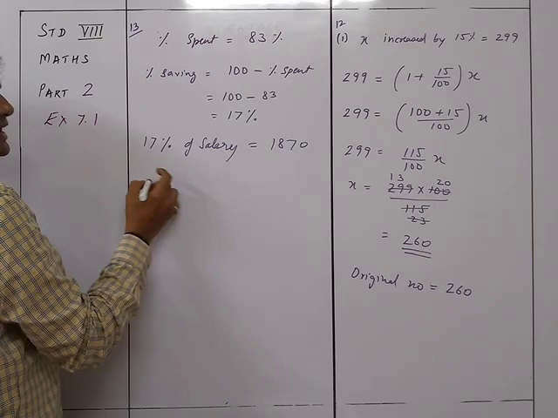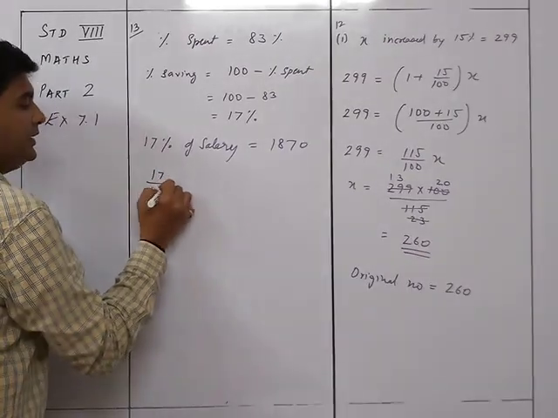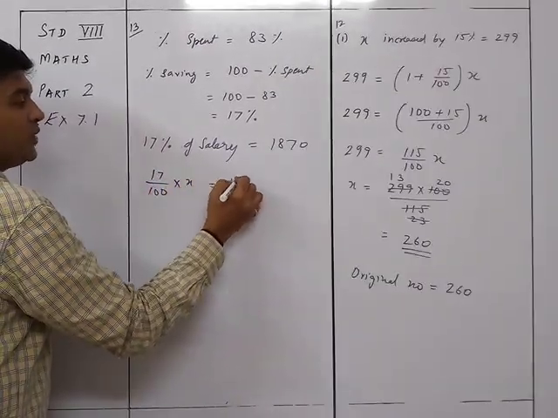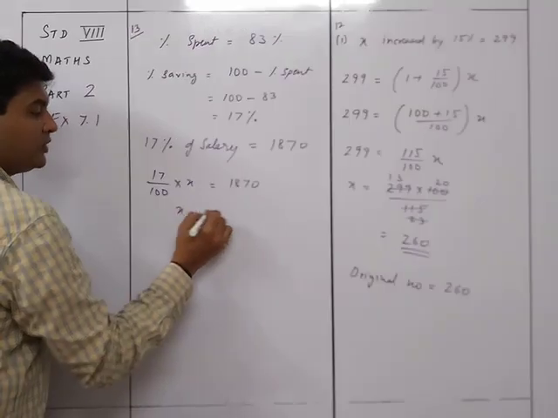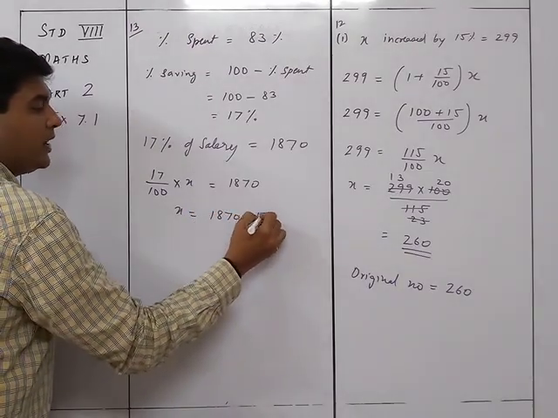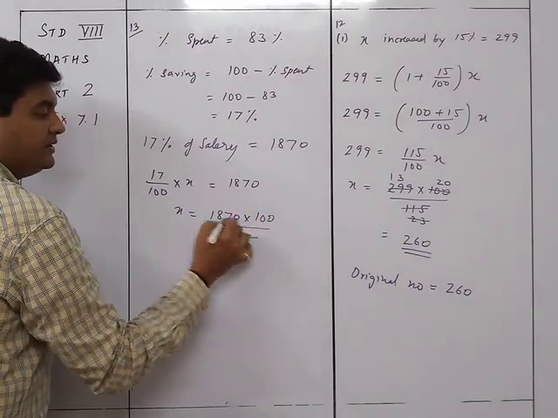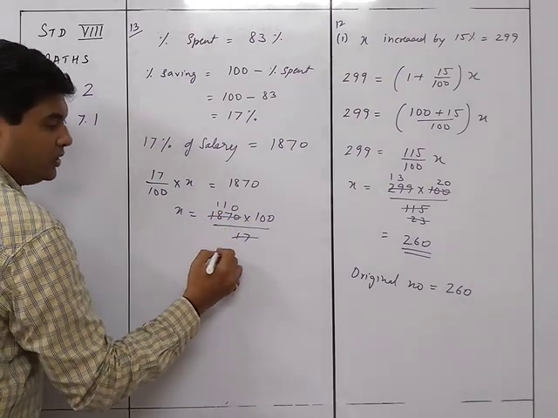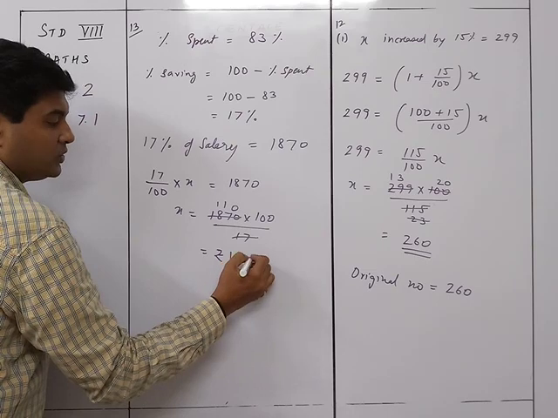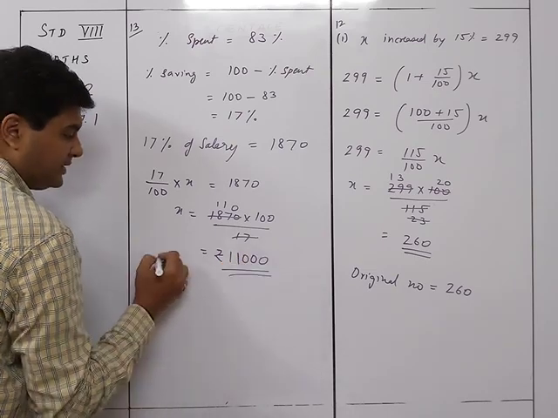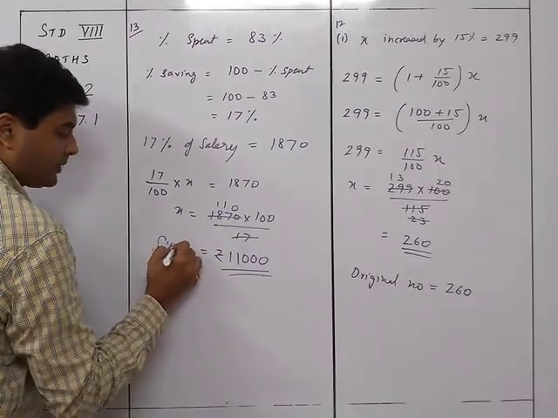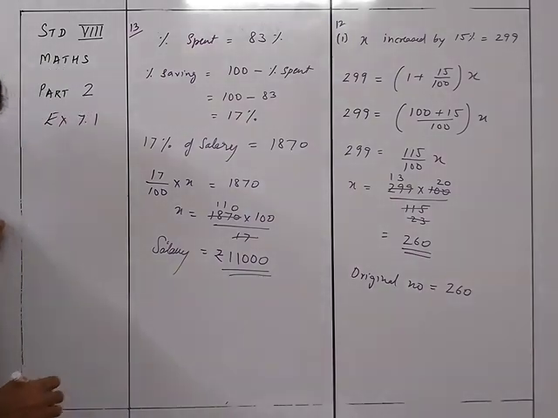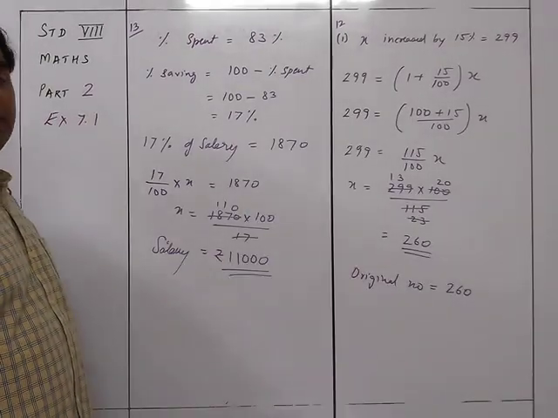So salary को x ले लिया तो क्या हो गया? 17 upon 100 into x is equal to 1870. So x is equal to 1870 into 100 upon 17. 17 ones are 17, 17 tens are 170, so it is rupees 11,000. Monthly salary is equal to 11,000.